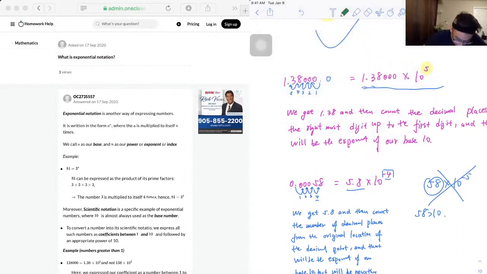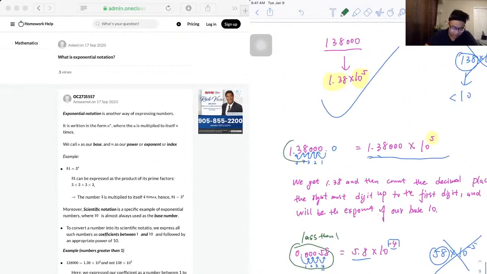So if this number is less than 1, after converting it into a scientific notation, the exponent of 10 is always going to be negative.